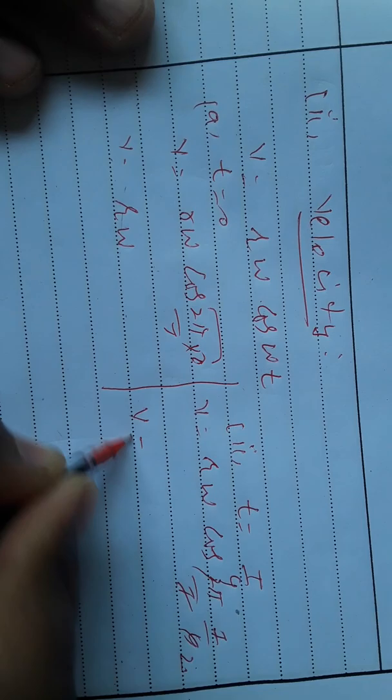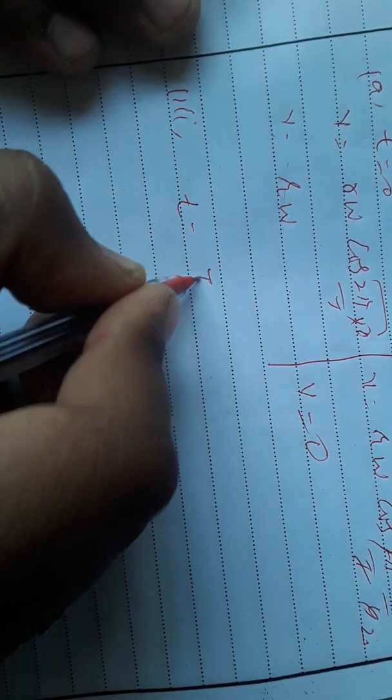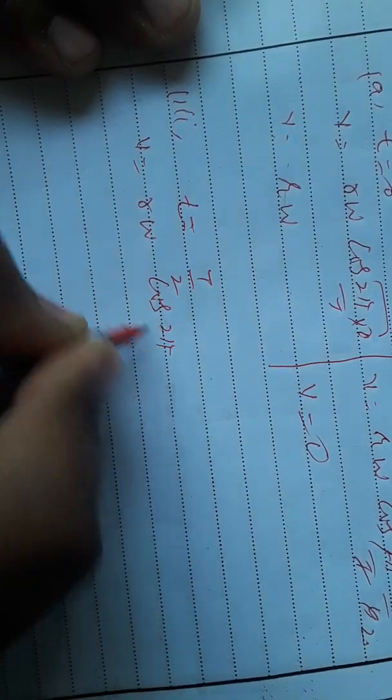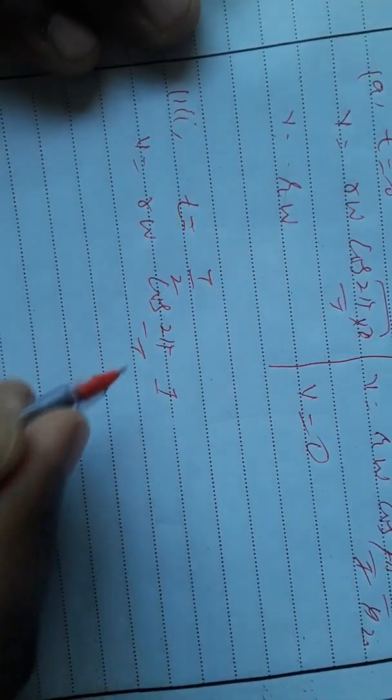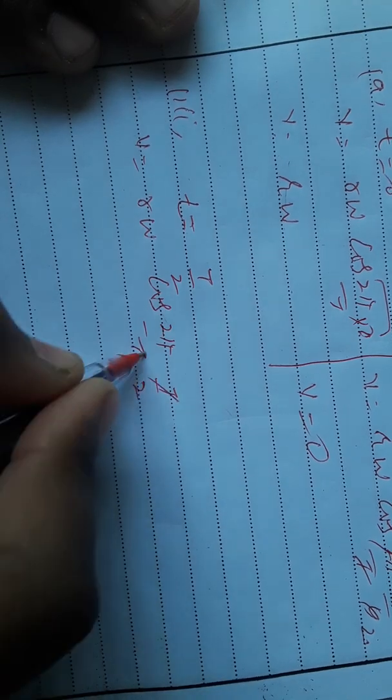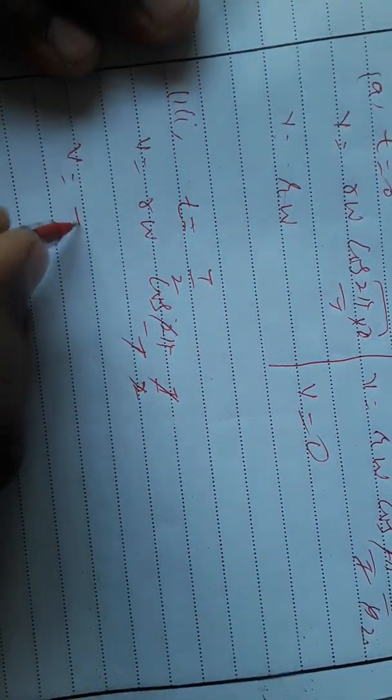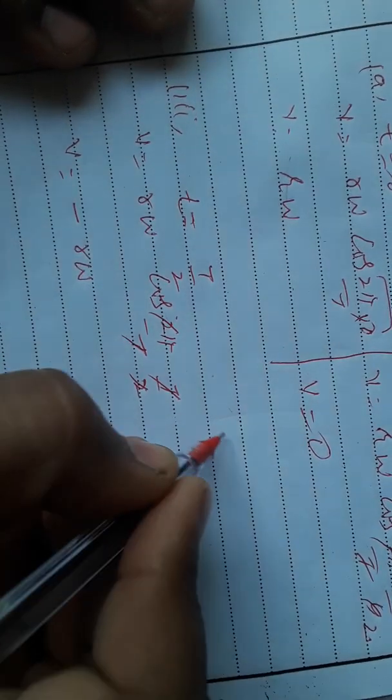Cos 90 is 0, so velocity will be 0. For the third, small t is equal to T by 2, v is equal to r omega cos 2 pi upon T into T by 2, cancelled. Cos 180 is minus 1, so v is equal to minus r omega.